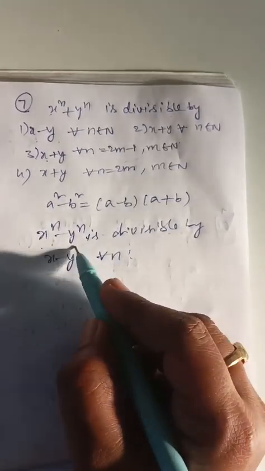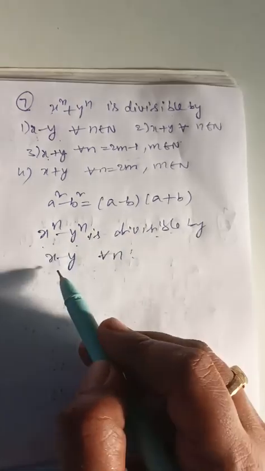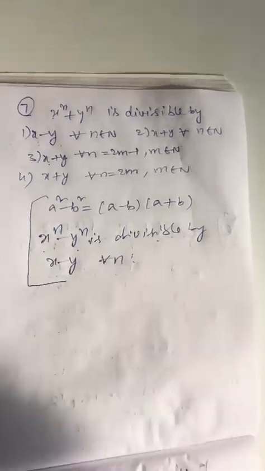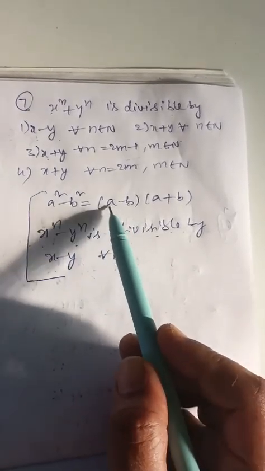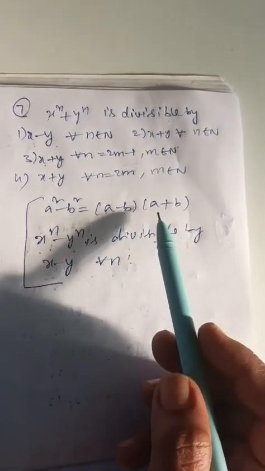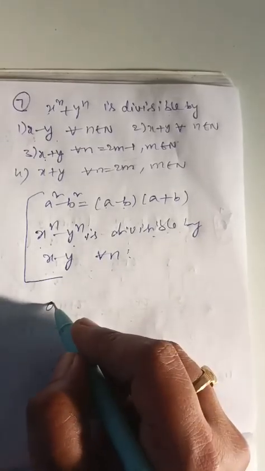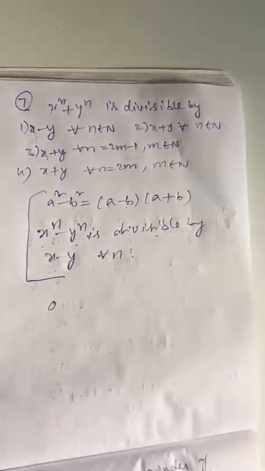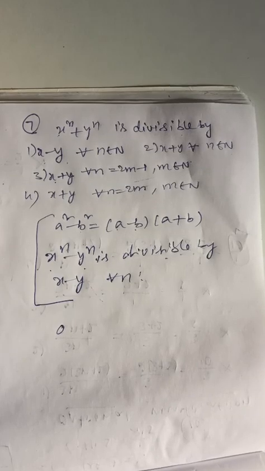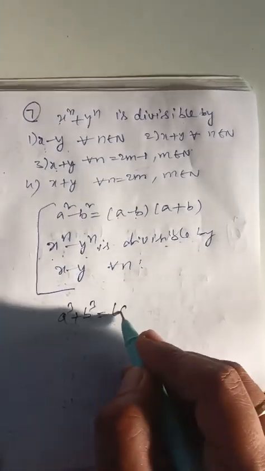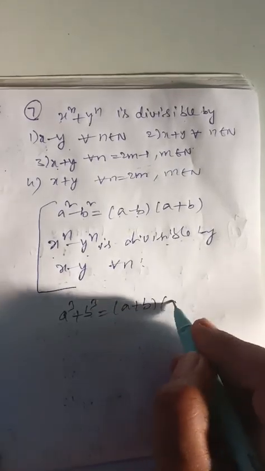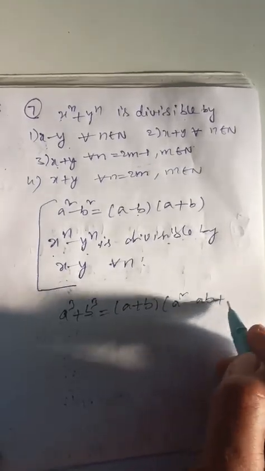So x power n minus y power n is divisible by x minus y. Okay, but a square plus b square, we can't write it as a plus b into something. Then a cube plus b cube can be written as a plus b into a square minus ab plus b square.